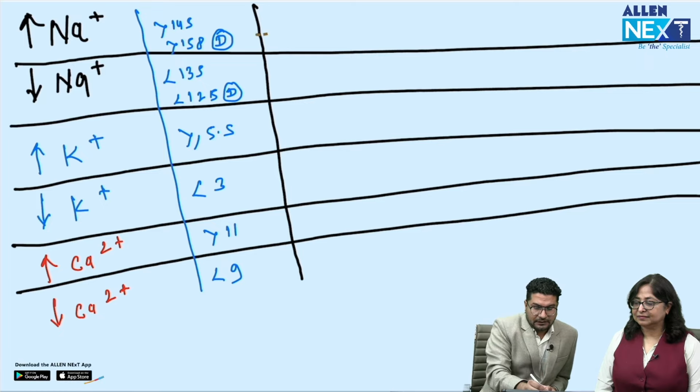This intrinsic factor will take B12 to the ileum. In the ileum we have receptors called cubilin or cubam receptors. These are the receptors for B12, and ultimately in the ileum there will be B12 absorption.